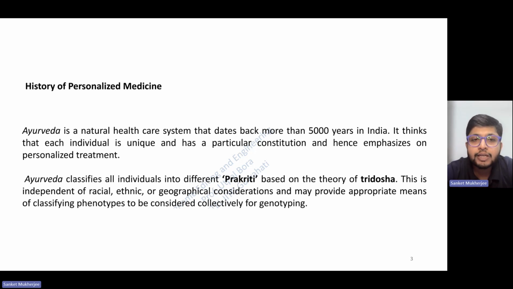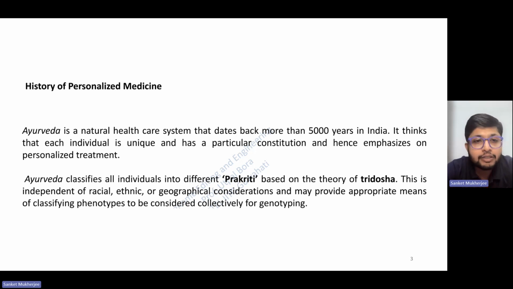Ayurveda is a natural healthcare system that dates back more than 5,000 years in India. It thinks that each individual is unique and has a particular constitution, and hence emphasizes personalized treatment. Ayurveda classifies all individuals into different prakriti based on the theory of three dosha. That gives us the answer.